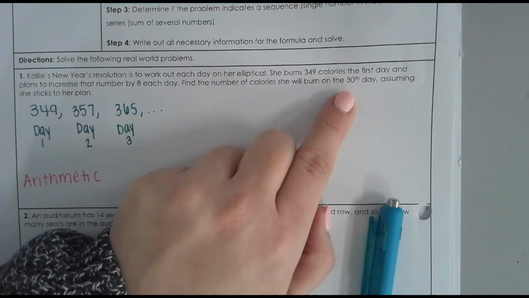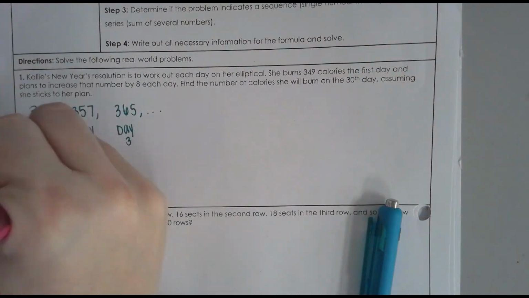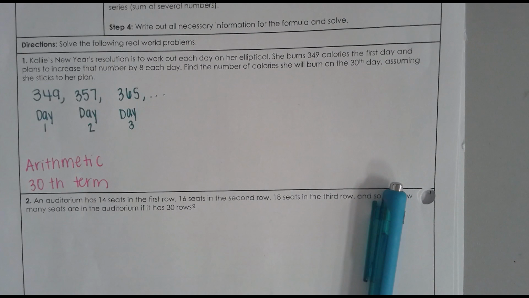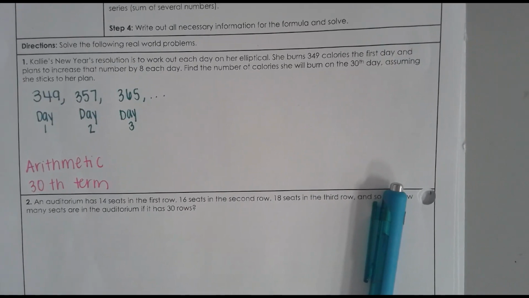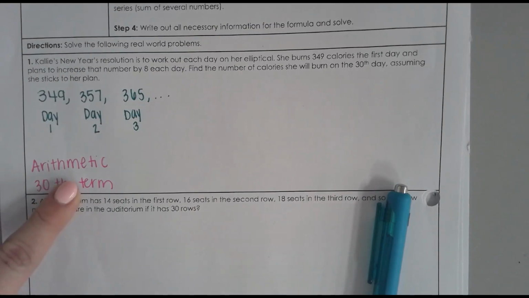It is just the 30th term, because each day's number is the term. If you were going to use sigma, it would say find the total number of calories she has burned in the first 30 days. So that's the difference. One is asking for the total, one is asking for that specific day. So this one we do not need sigma.